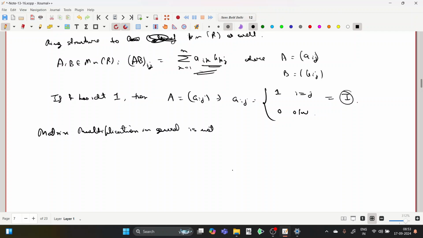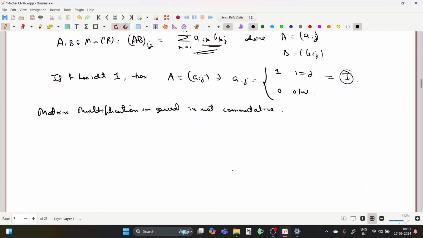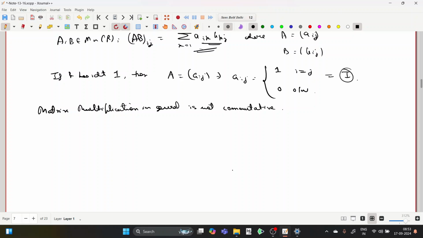Therefore, even if R is a commutative ring with identity, I cannot say that M_n(R) is a commutative ring with identity. Moreover, if R is an integral domain, M_n(R) is still not an integral domain.